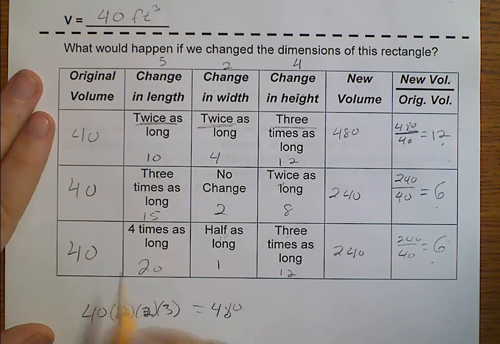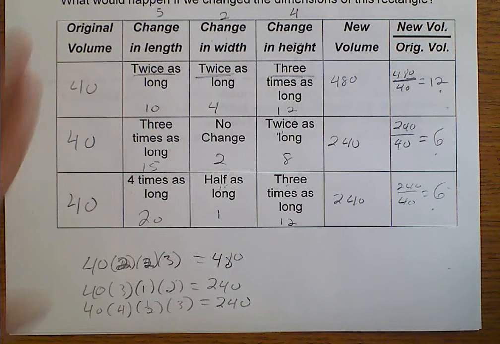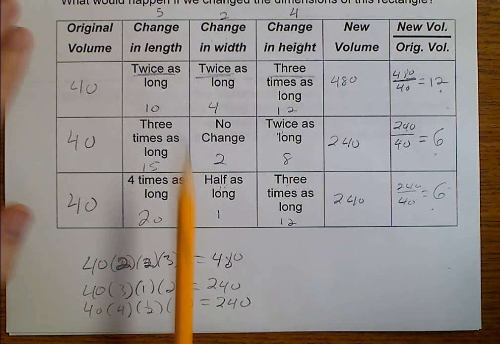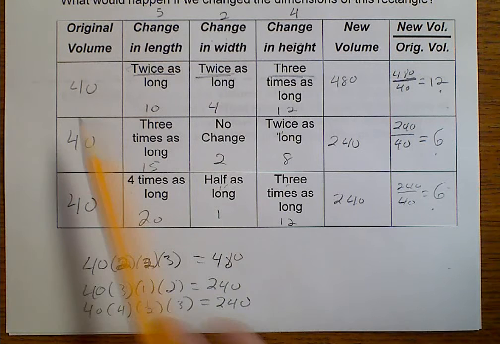Or 40 times 3 times 1 times 2 and gotten 240. Or 40 times 4 times a half times 3 and gotten 240. So instead of actually figuring out the changes in all my dimensions, I could just simply multiply by what the changes are.